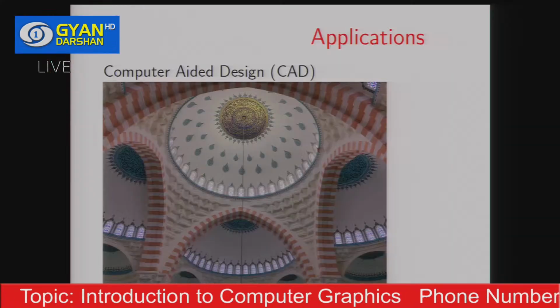All these things can be beautifully created using computer graphics tools available in the market. So computer aided designs, CAD designs, are software which can help you create certain computer assisted images.